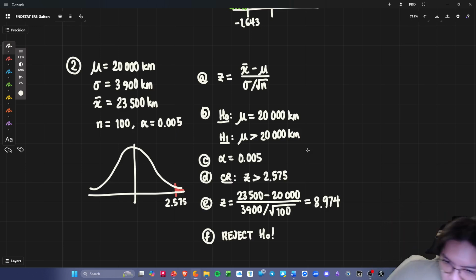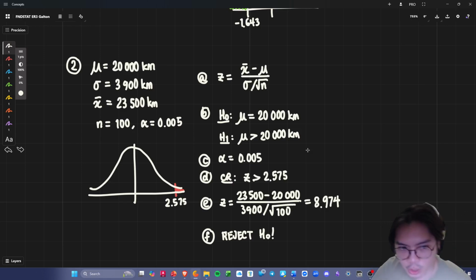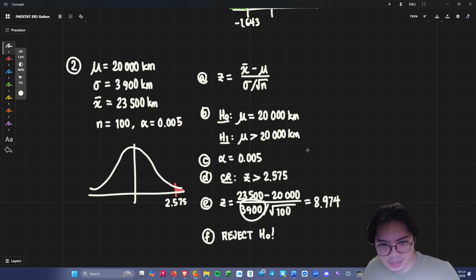I was thinking that because the standard deviation was so large, 3,900, this would not be in the critical region. But I forgot your n is 100 samples, right? If 100 samples consistently say that it is bigger than 20,000, then you bet it's bigger than 20,000.